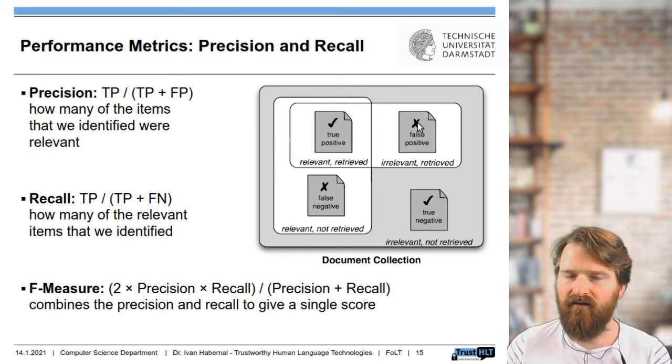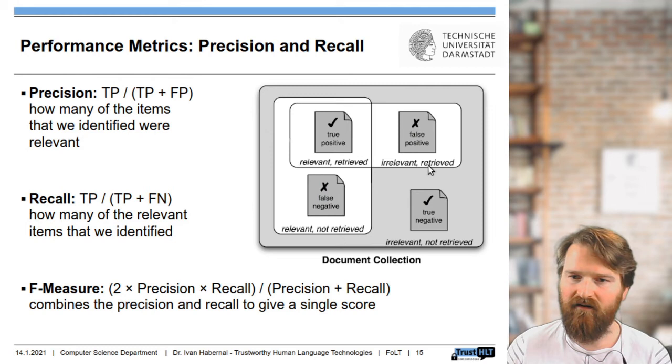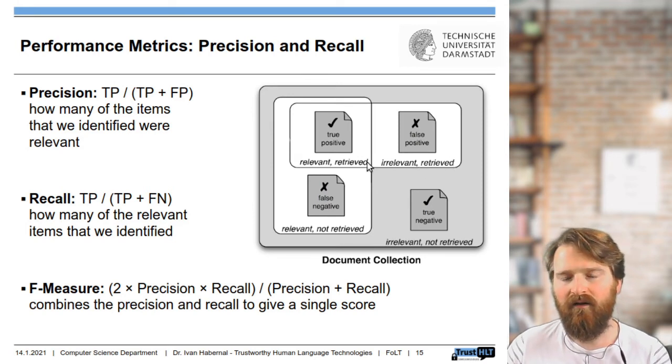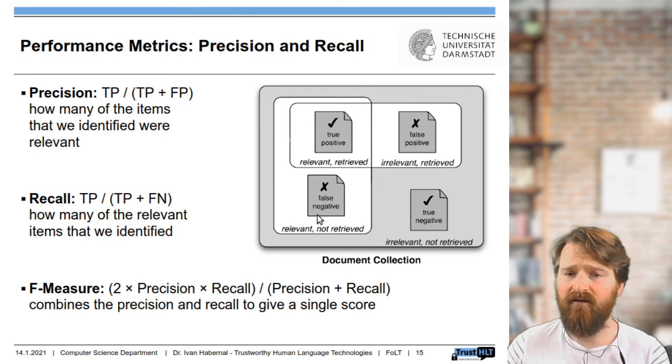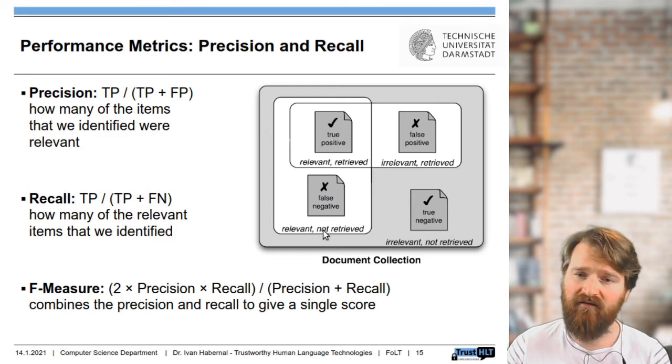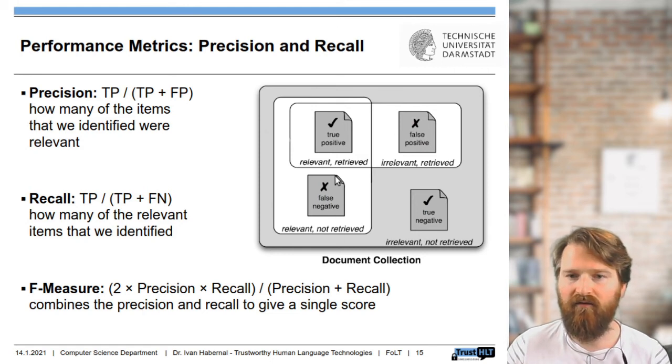So again, the gold label here was irrelevant, but our system said relevant. The false negative is the opposite: the document was relevant, but our system falsely said it's negative, so we didn't retrieve it. So we have four different classes.